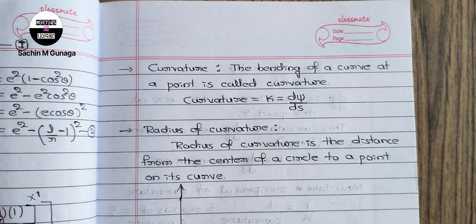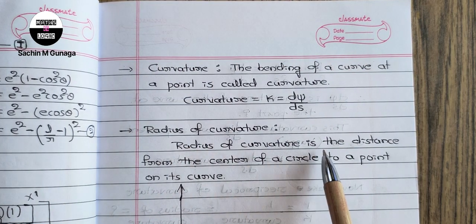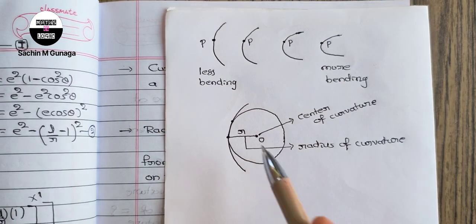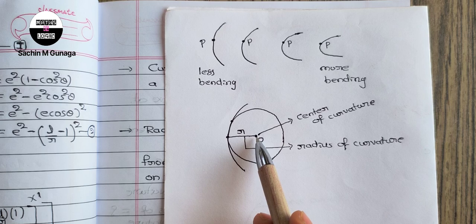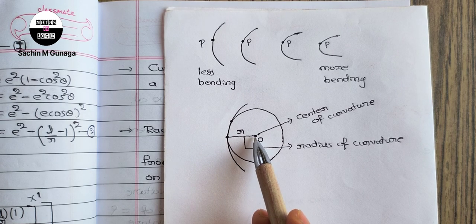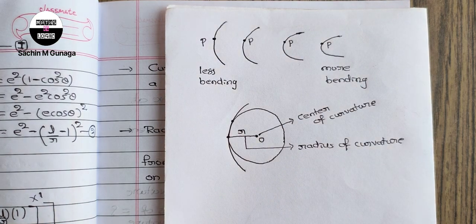Therefore, see the definition of radius of curvature. Radius of curvature is the distance from the center of a circle to a point on its curve. This distance from the center to a point on the curve is what we call the radius of curvature.